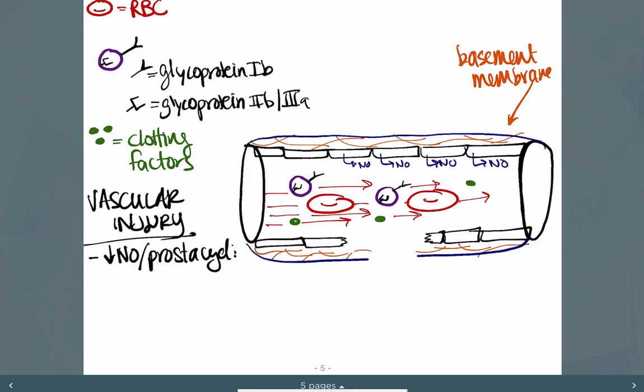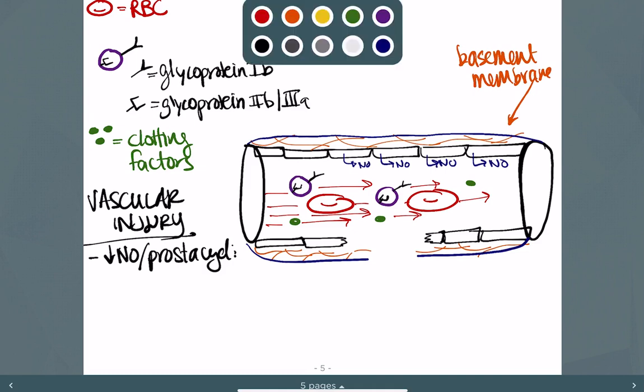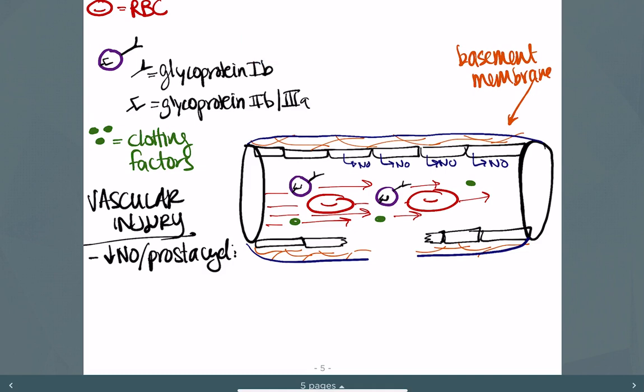And these are materials that are in the wall of the vessel that should not be exposed to blood elements. One very important one is von Willebrand factor. So I'm going to draw it in as little triangles here. So this is von Willebrand factor. And von Willebrand factor is a blood glycoprotein.